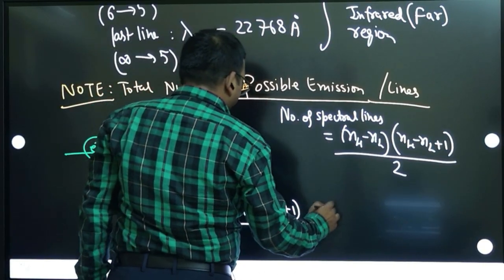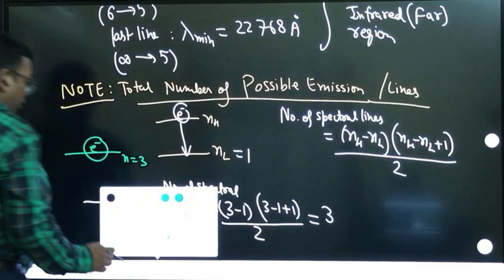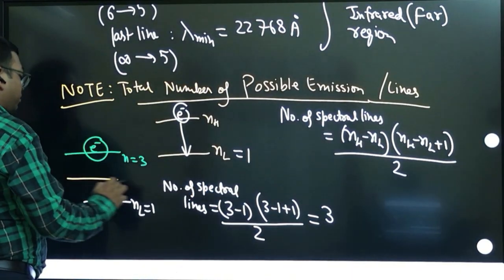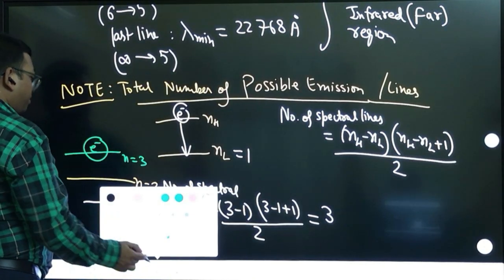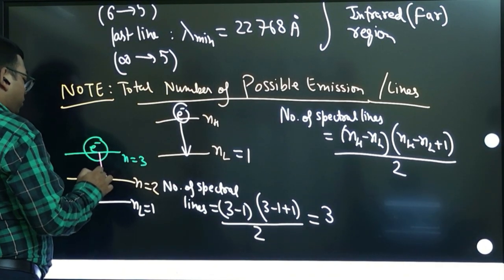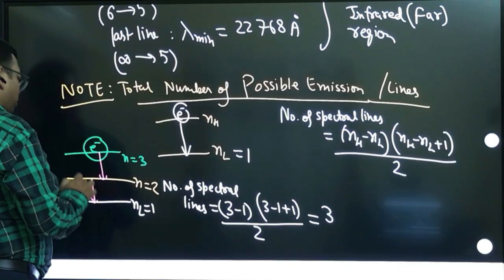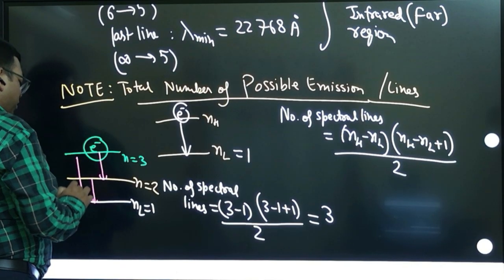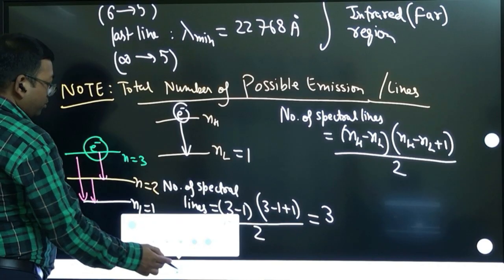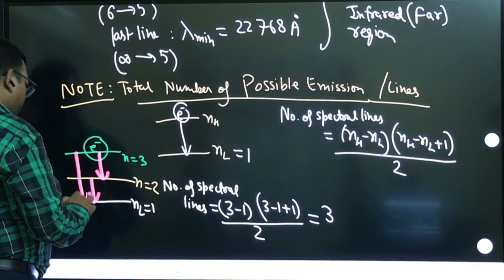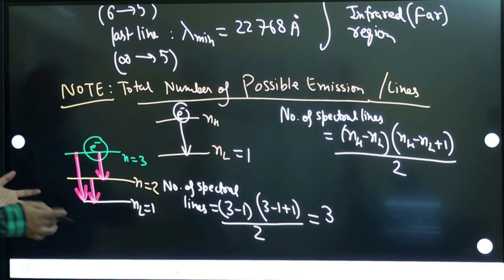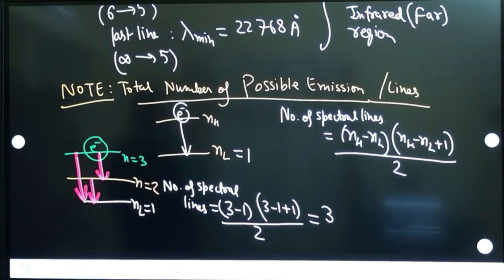You will get 3 only. 3 lines. How? You can see how 3 lines will happen, because the middle level 2 is also there. So transition can happen from 3 to 2, from 2 to 1, and from 3 directly to 1. These are the 3 lines we can see here. 3 lines means 3 wavelengths, 3 different energies of photons, 3 different types of photons you can see. Clear? So remember, this is an important formula.